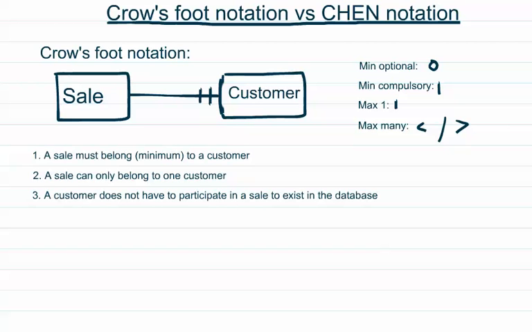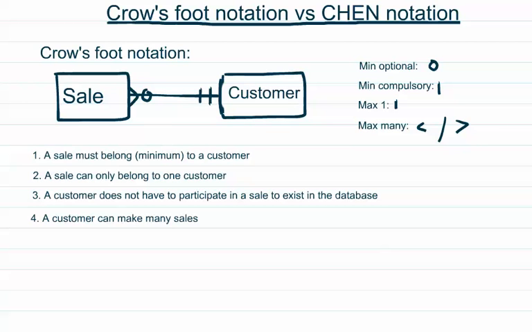For the participation cardinalities on the customer side, we can say a customer does not have to participate in a sale to exist in the database, so it is a minimum optional, so we add a 0. A customer can also make many sales or participate in many sales, so that means that the many will be on this side.